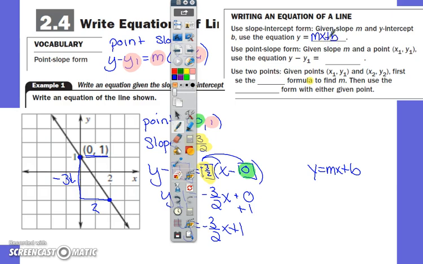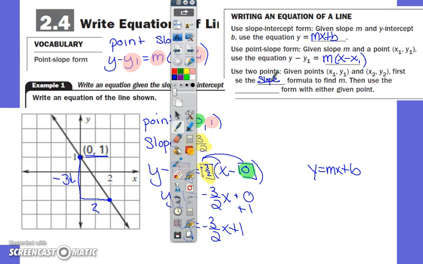Use point-slope form given the slope and a point, use the equation y minus y sub 1 equals m times x minus x sub 1. And then lastly, use 2 points given x sub 1, y sub 1, and x sub 2, y sub 2. First, you use the slope formula.